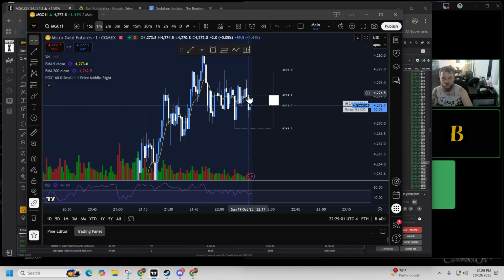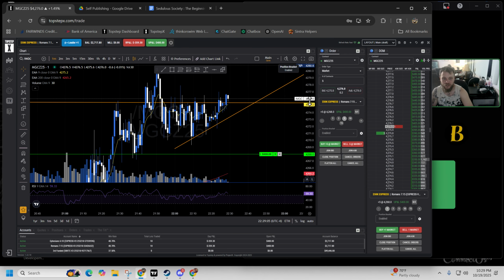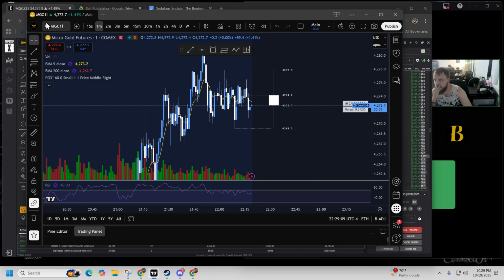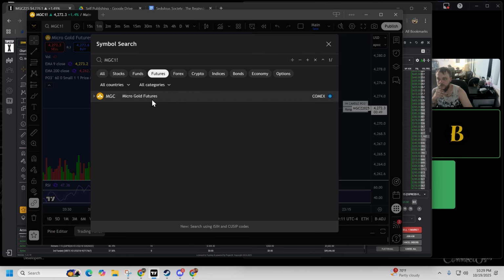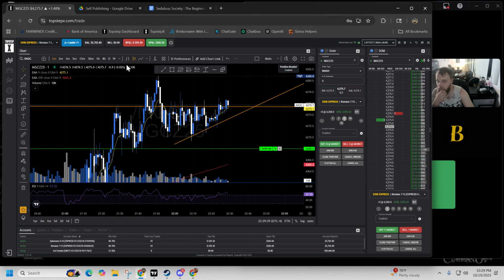The last 2 candles are red. These last 2 candles are blue. That's an entirely different chart. That doesn't make sense. I don't get it. That is odd.